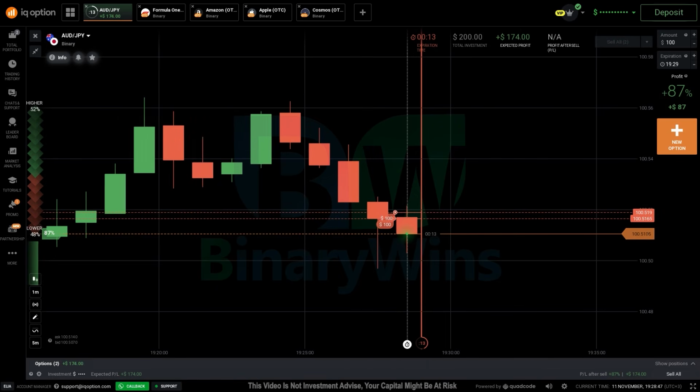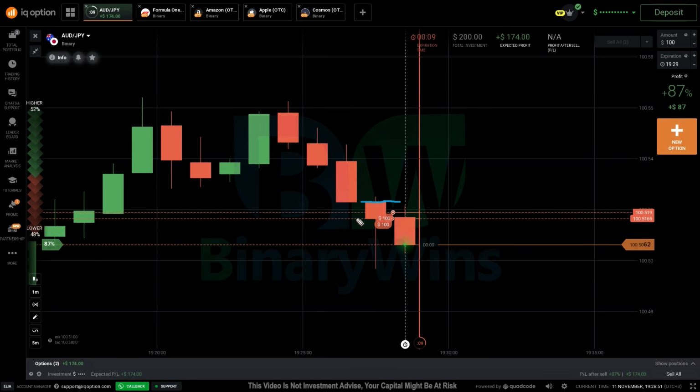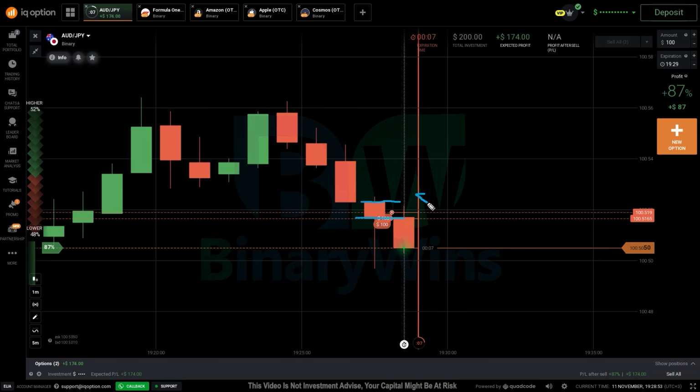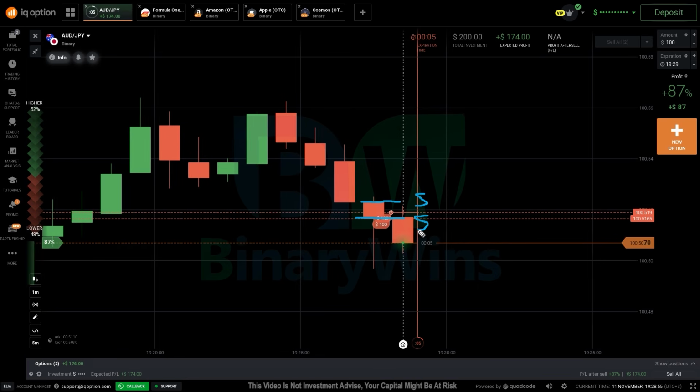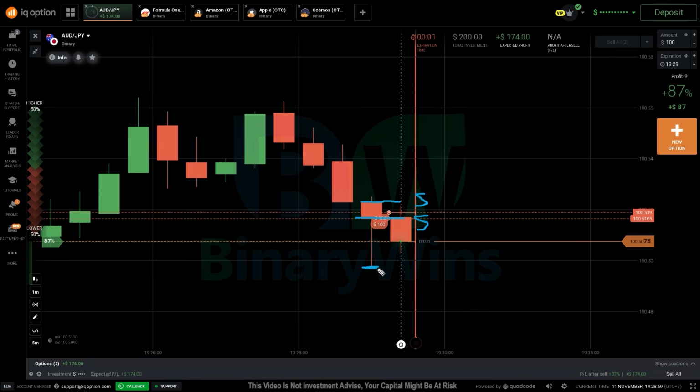If you look at this candle, we have sellers here and here. Buyers are at this point.